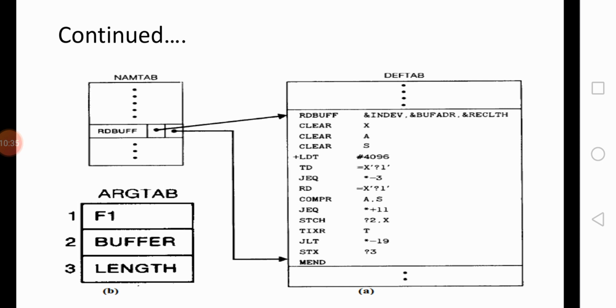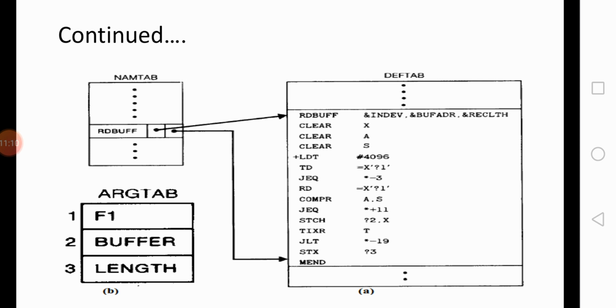See, after that, whatever information we added under the definition table, you might have observed here RDBUFF, &INDEV, &BUFADR, &RECLTH. These can act as parameters for that particular RDBUFF. &INDEV has been converted to ?1, which indicates the first parameter in the prototype, then &BUFADR has been converted to ?2 and &RECLTH converted to ?3.